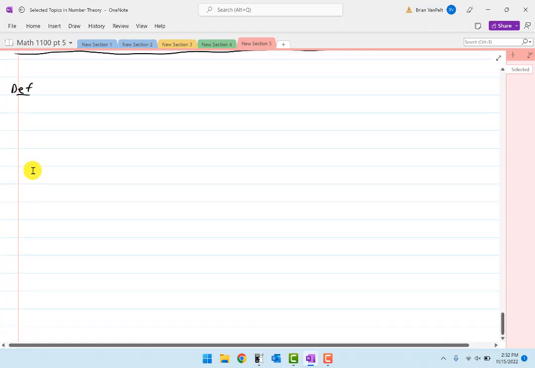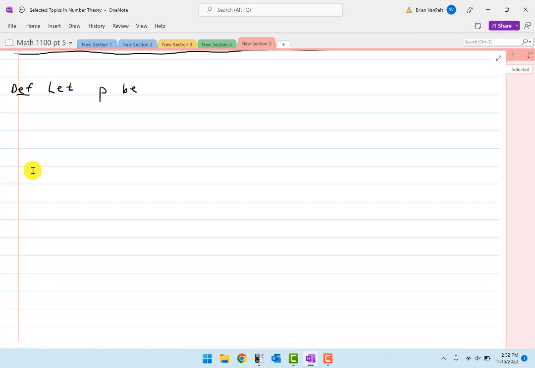Definition. Let P be a prime number. Define P with a pound sign after it as equal to 2 times 3 times 5 times 7 up till you get to this number P. So it's kind of like a factorial.